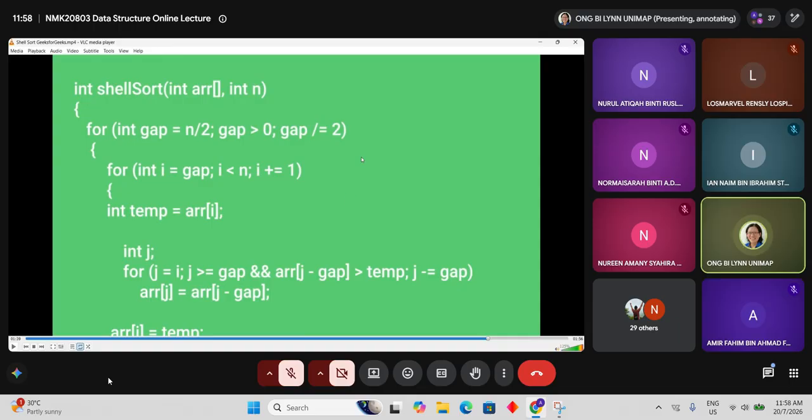Okay. So for shell sort as well, you need to have the for loop. Alright. Where you divide it into 2. Okay. Find the temporary, do the sorting, and then arrange it. Alright.